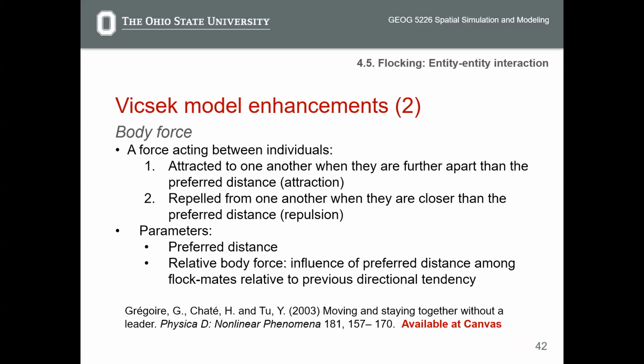If the distance between individuals is longer than this threshold, than this preferred distance, they should attract each other, which means they should get closer. But if it is the other case, some birds are getting too close, the distance between them is shorter than the preferred distance, then there should be something called repulsion. This force here, repulsion here, should just push all those birds away from each other.